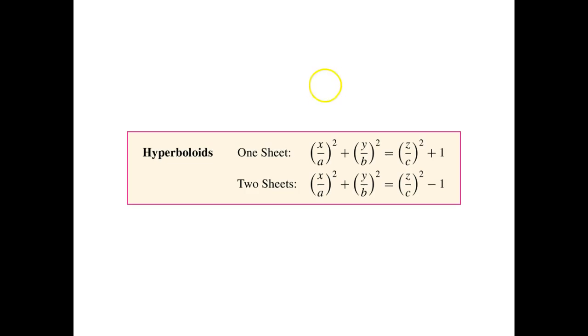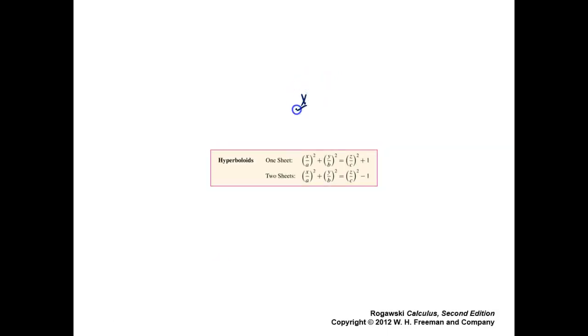Here's how I would express this one. I've got to shrink it if I'm going to write on it. X over A squared plus Y over B squared minus Z over C squared is equal to 1. That's your hyperboloid of 1 sheet.